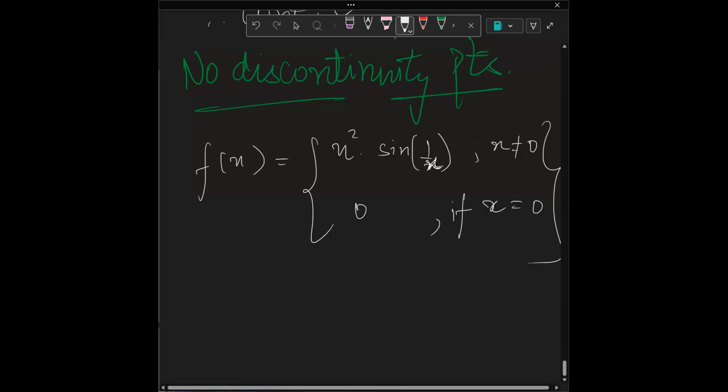So this is your function, and you have to tell me whether this function is continuous or not.